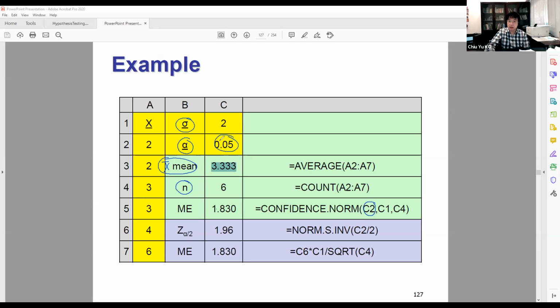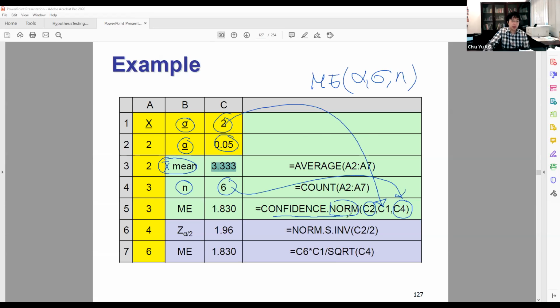This is only the norm, the normal. We'll talk about the confidence T, which will be for the sample. You know this is sigma, we know it, then you put it in here, and at the end you have C4, which is n. Just remember this is alpha, sigma, n.